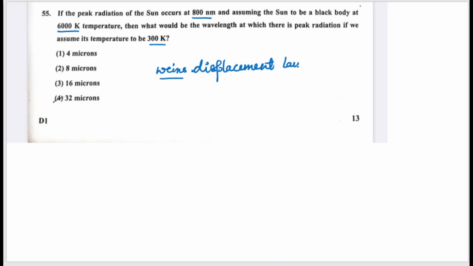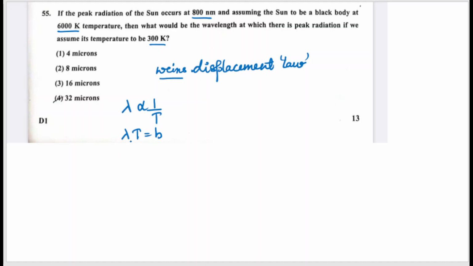So according to Wien's displacement law, what does the law say? The wavelength is inversely proportional to the temperature. So from this law, I can write lambda T is equal to a constant, that is B, which we call the Wien's displacement constant.